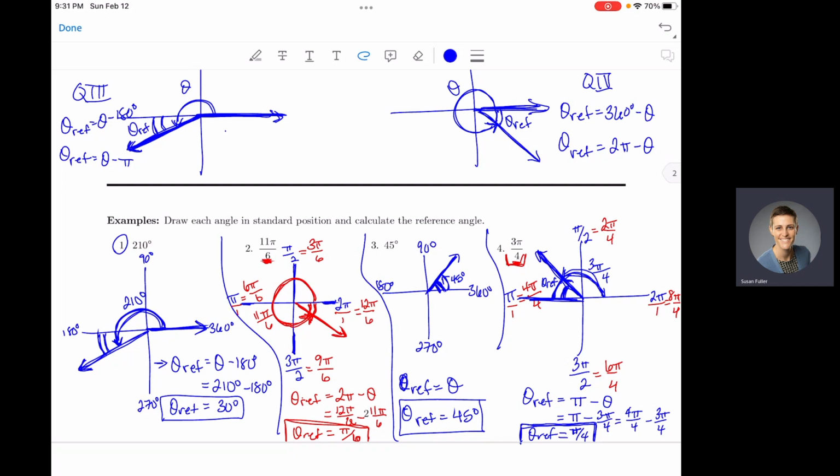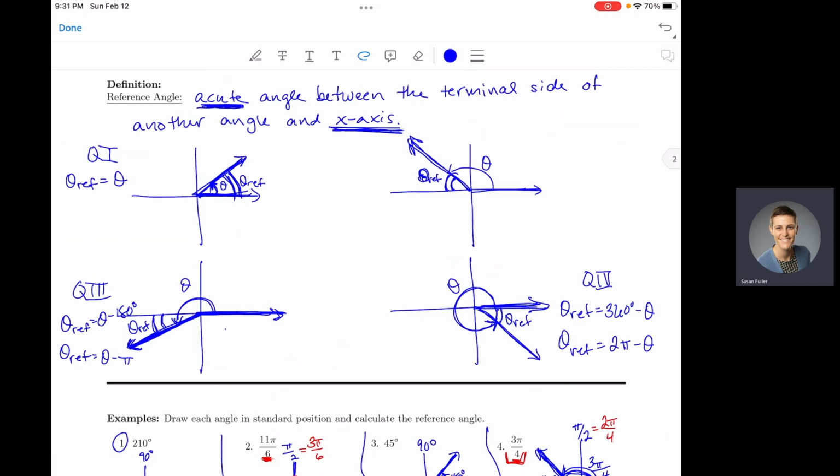And again, this is how it's going to work for any angle in quadrant 2. So if I come back up here to my diagram, any angle in quadrant 2, to calculate our reference angle, we need to figure out what is left between our angle theta and this guy right here, which is 180 degrees or pi radians.